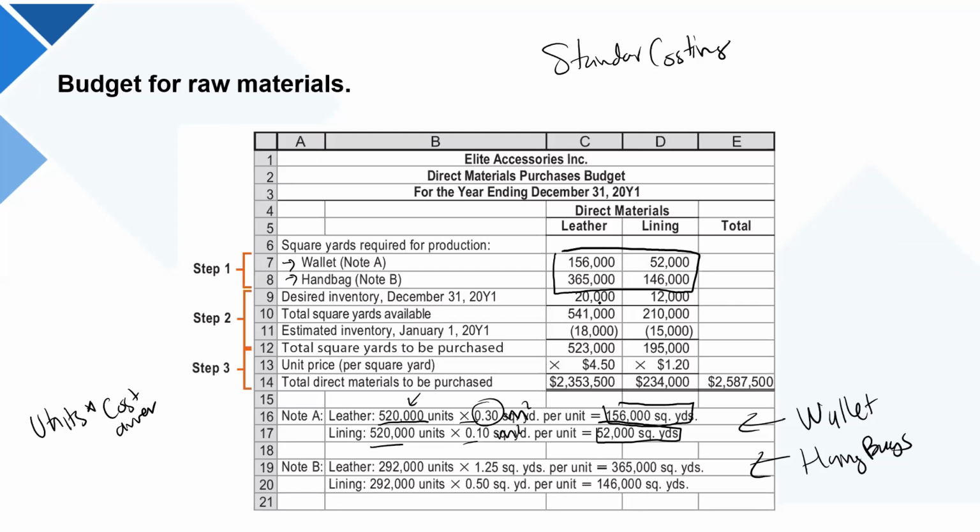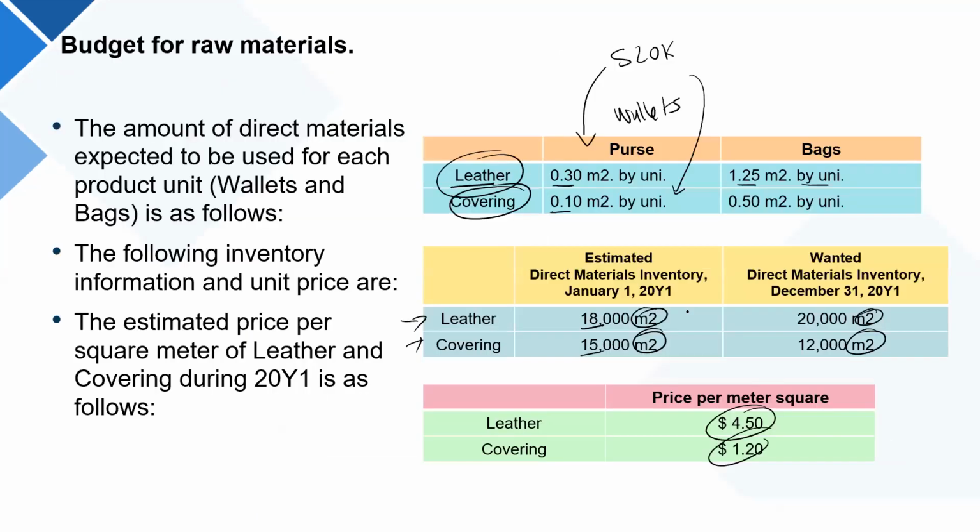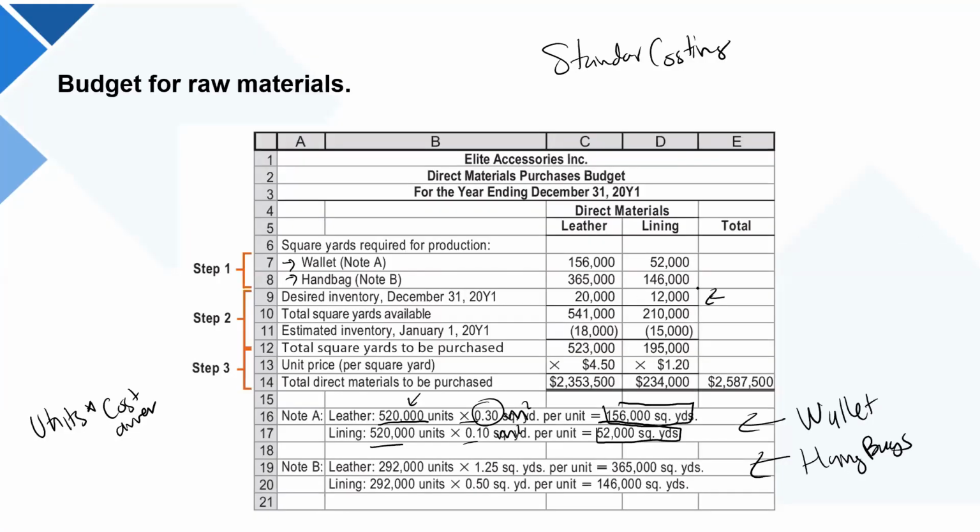So once we have that, all we need to do now is the same thing that we did with the other one, and that is add up the initial inventory, which will be this one here, and add up the ending inventory, which will be the inventory at December. It's this one, the final inventory. Add it up, it's here. And then you have the total raw materials that you need.